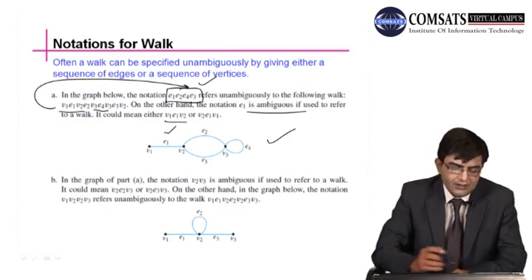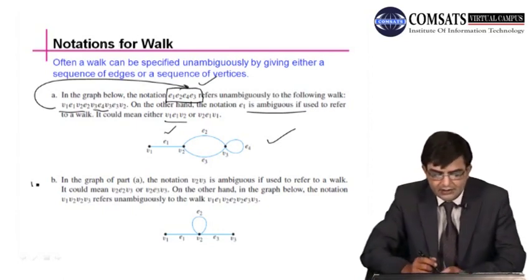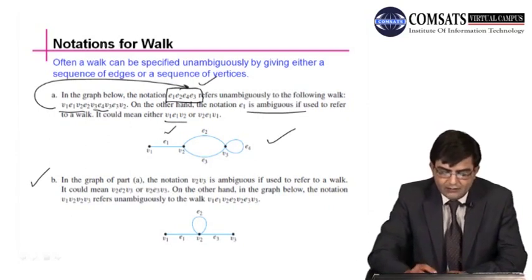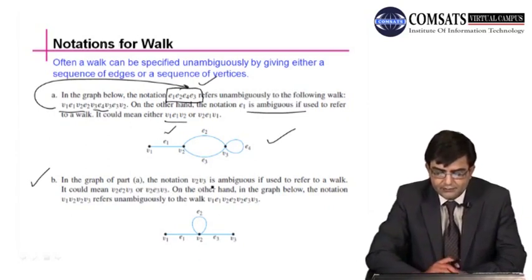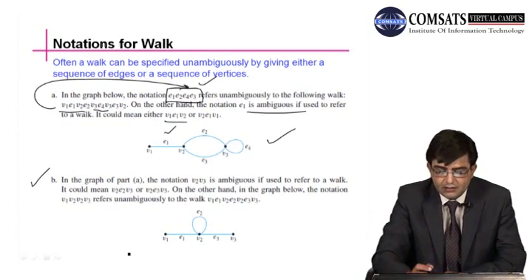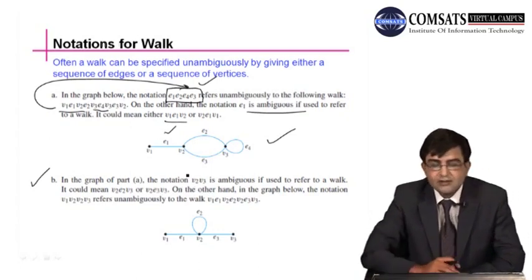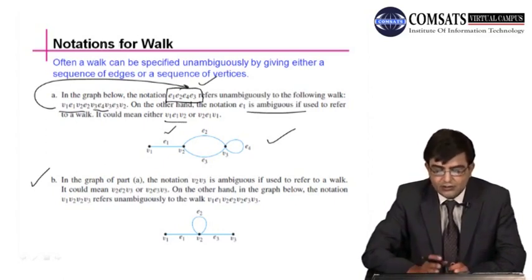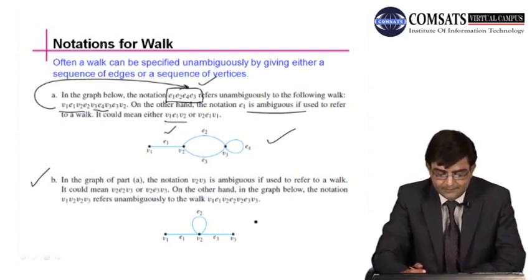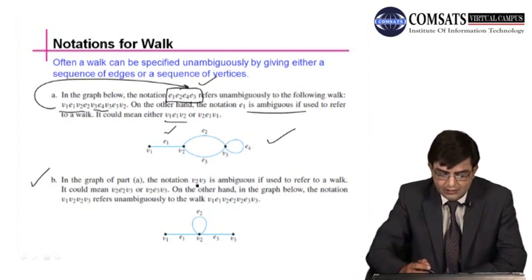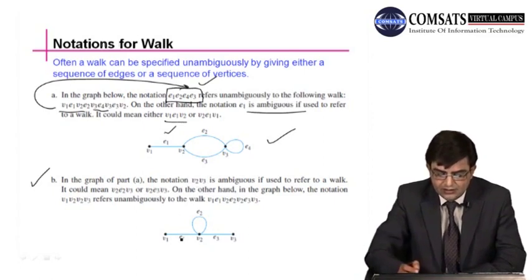In this graph, part b of this example, the notation v2, v3 is ambiguous. If instead of an alternating sequence of vertices and edges we write only the vertices v2, v3, then what does it mean? v2, v3 could be v2, e2, v3 and it could be v2, e3, v3.